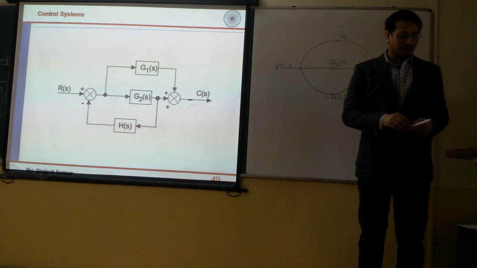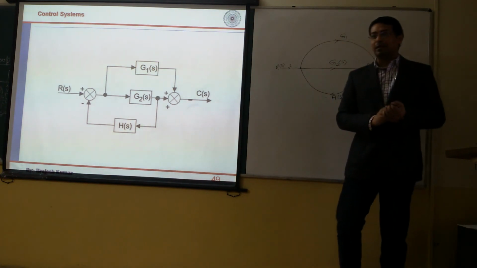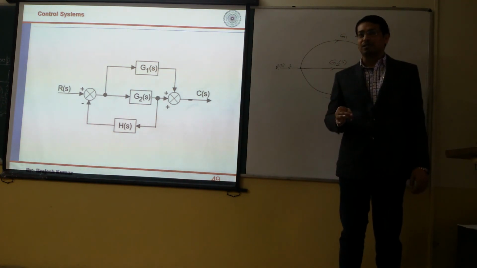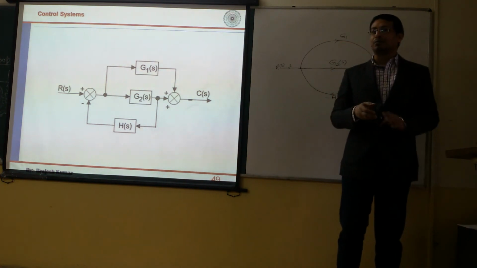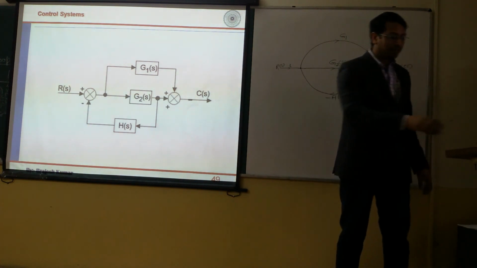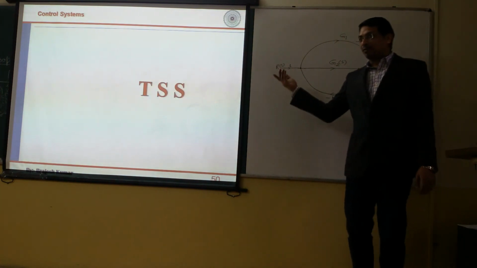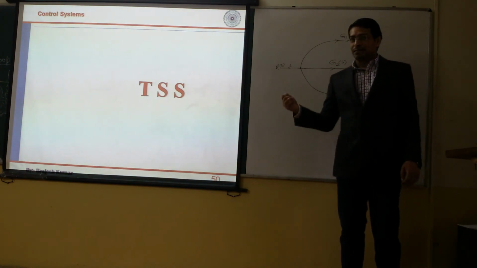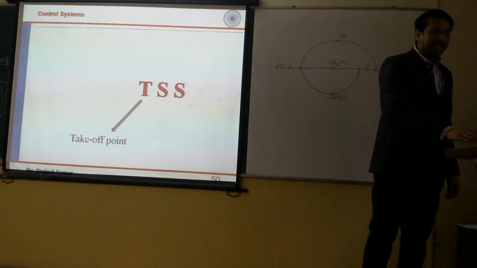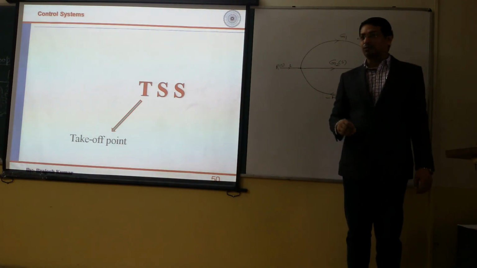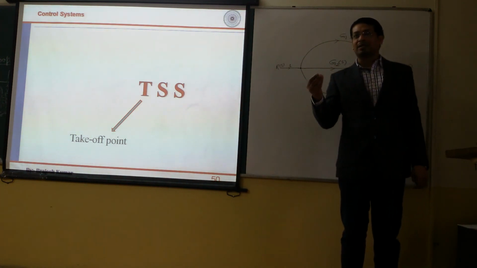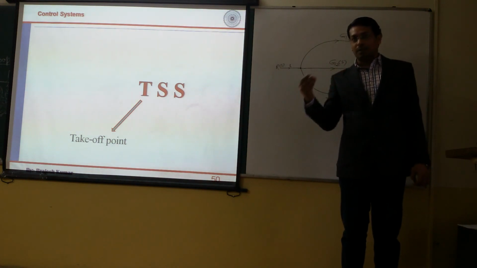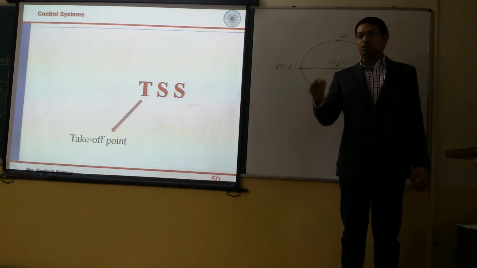See, one more rule is there. When we reduce a block diagram to the corresponding signal flow graph, you will observe something, and I am giving you that observation as a capsule directly. Try to remember this because the question will be asked like that: reduce the given block diagram into the corresponding signal flow graph and then apply Mason's gain formula to get the transfer function.